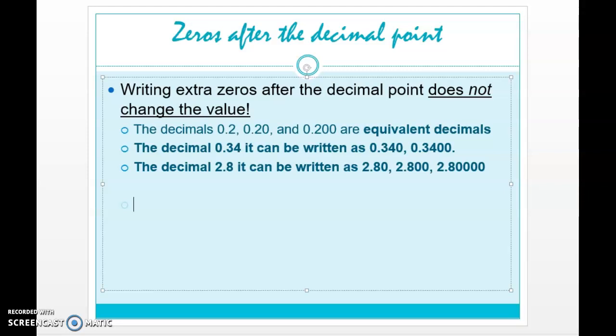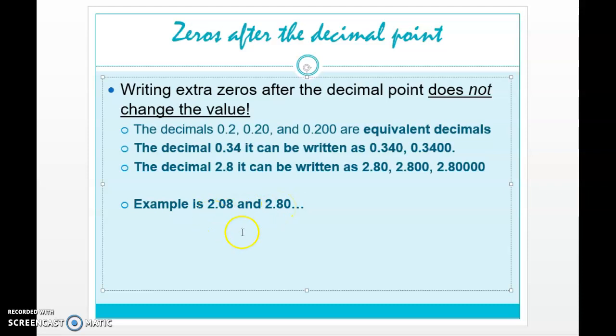For example, if I have 2.08 and 2.80, these two numbers are different because in the first one, 2.08, the place value of 0 is tenths, and in 2.80, the place value of 8 is tenths.